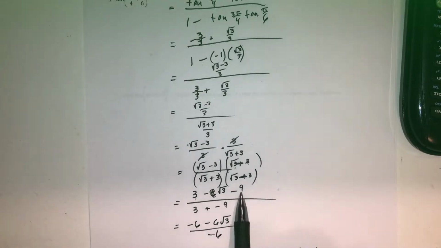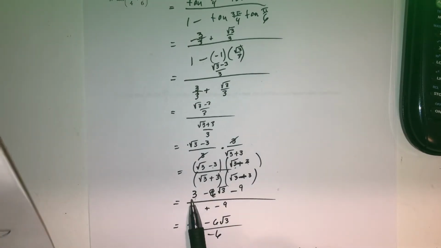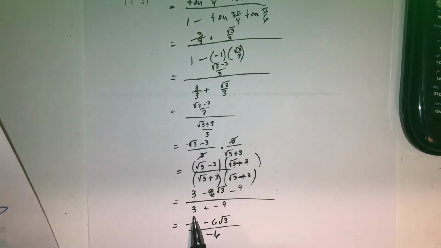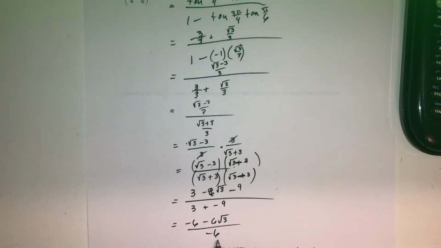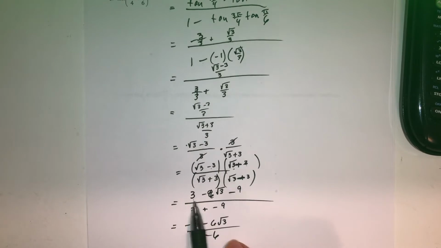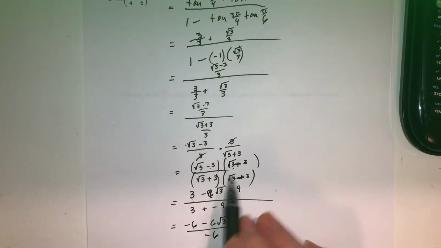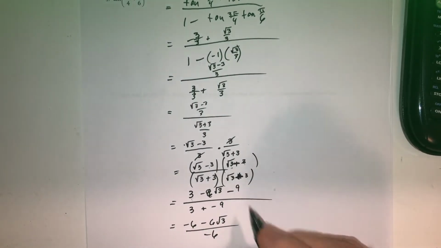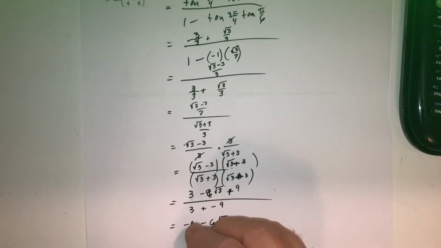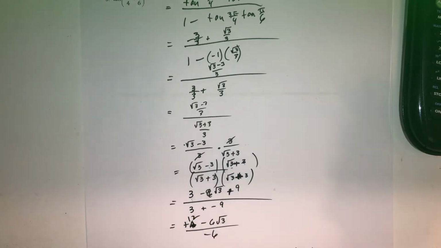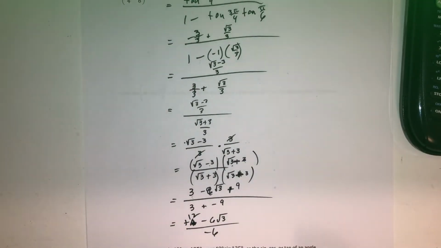Let's see, negative 9. Yeah, we're good. Oh, that should be positive, which means this is positive, which means this should have been positive 12. That's my fault. I'm sorry. That should have been positive 12.